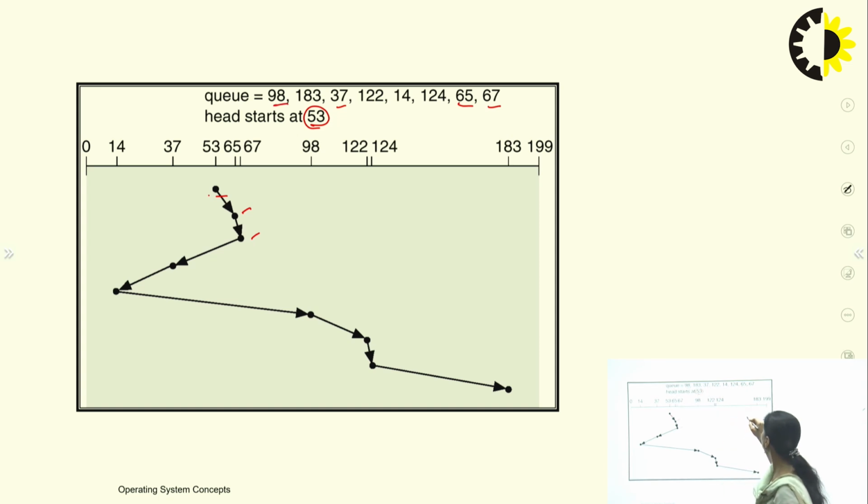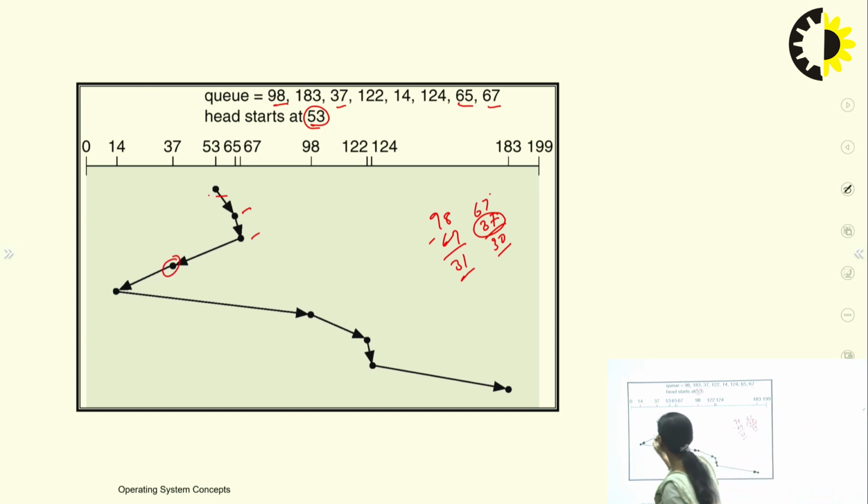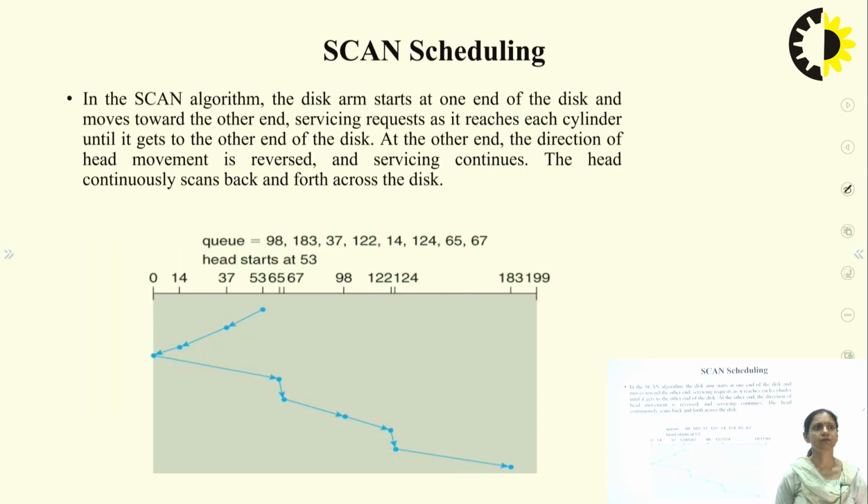If we find the difference of 67 and 37, we get 30, and the difference of 98 and 67 is 31. So the next value to be traversed is 37, then 14. Then it will come to 98, 122, 124 and lastly 183. So here the movement is reduced as compared to first come first serve.